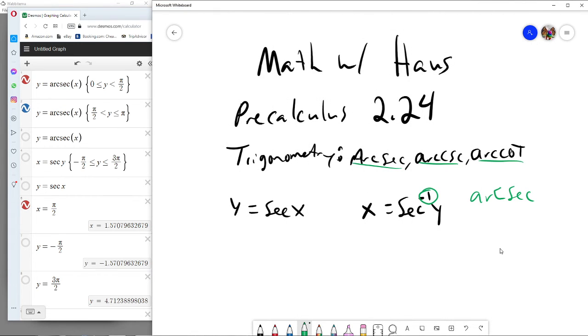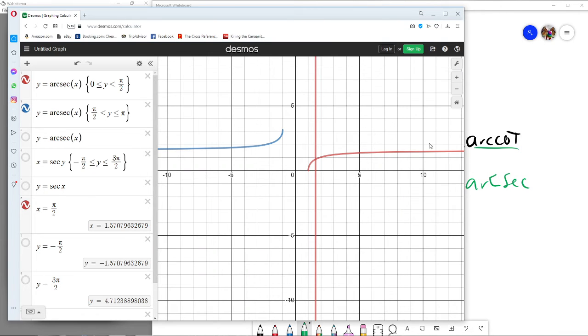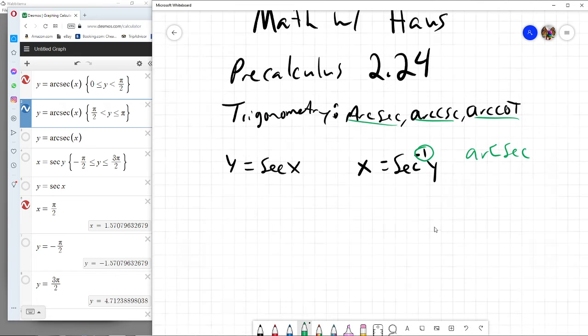For arcsecant, just to state from our graph here, our x values, or I should say our inputs, will be all positive values greater or equal to 1, and it will have to be less than all values from negative 1.